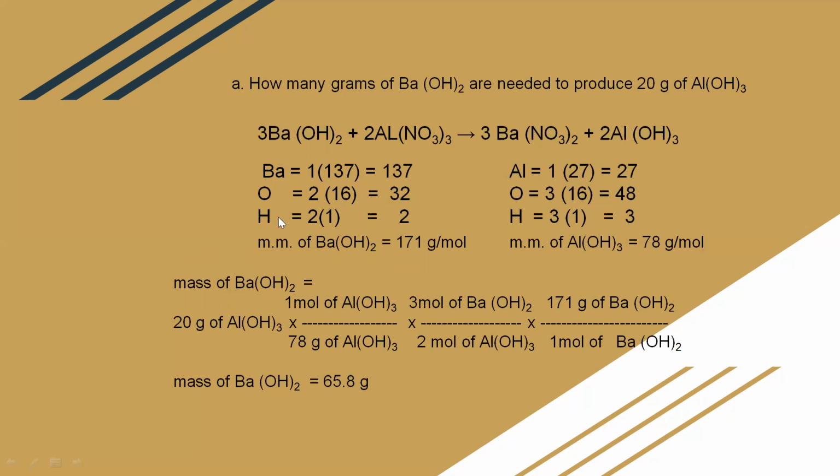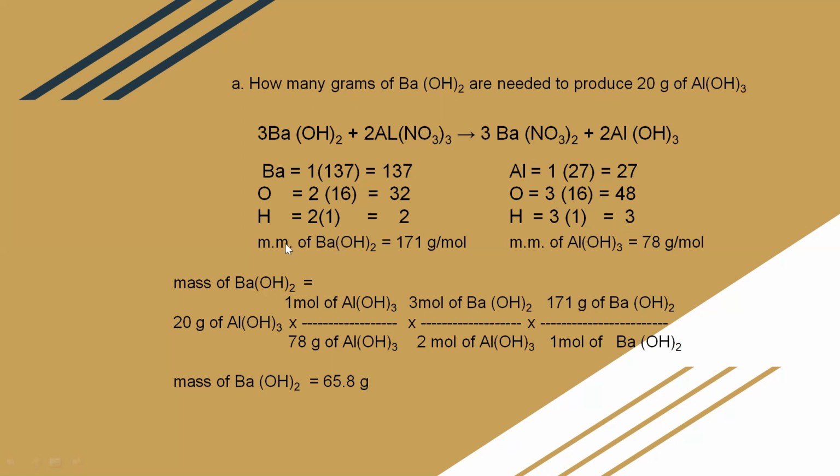For the hydrogen, also 2, so 2 times 1 is 2. For aluminum, we have only one aluminum, which is 27. For aluminum hydroxide, we have 3 oxygen times 16, that will be 48, and hydrogen 3 times 1 is equal to 3.